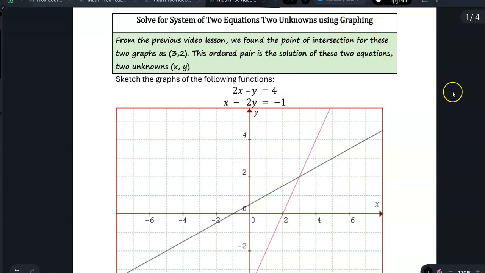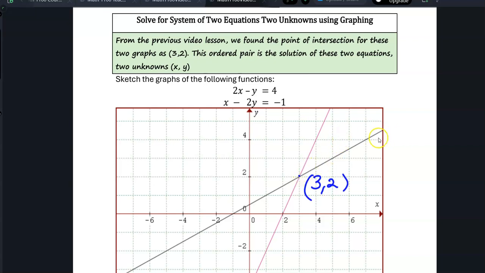And what we found after we sketched is that the point (3, 2), x equal to 3, y equal to 2, is the point of intersection of the two graphs.